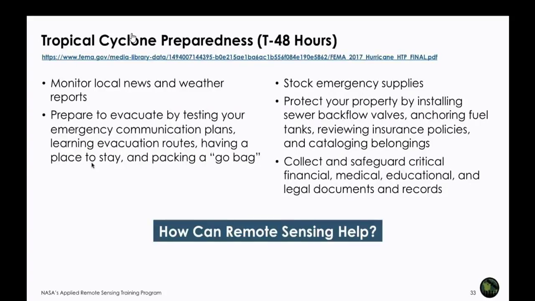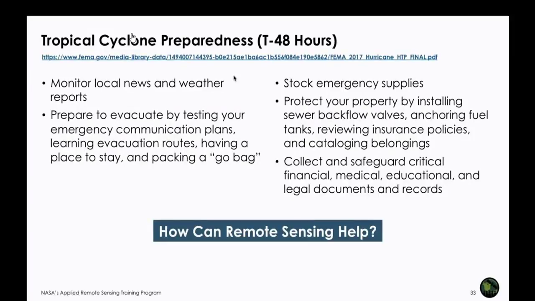You prepare for evacuation, testing your emergency communication plans. Again, these are all recommended by FEMA. You also have your emergency supplies ready that you want to go with, some important papers such as insurance policies, other financial documents that you may want to just take with you if you have to evacuate. If you are planning to stay where you are, then you want to stock emergency supplies.